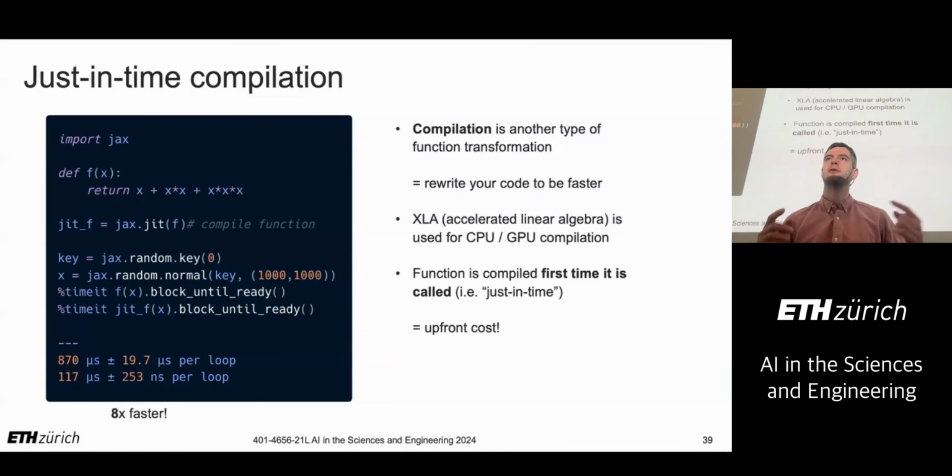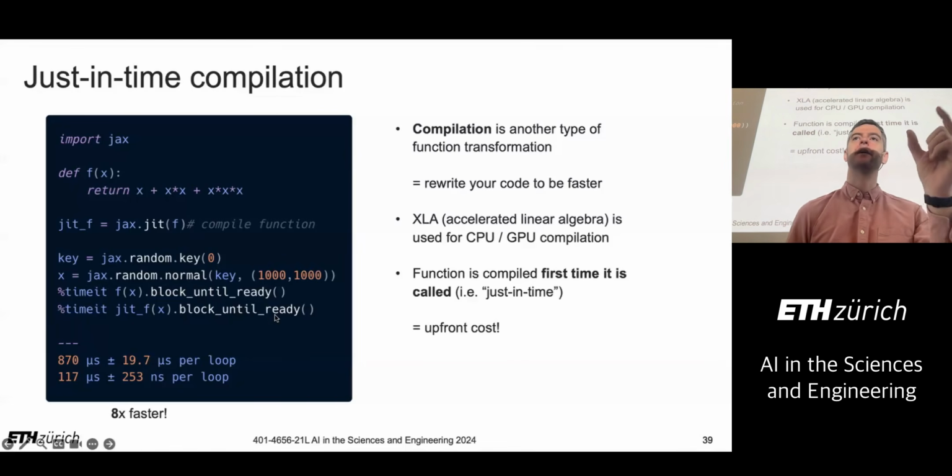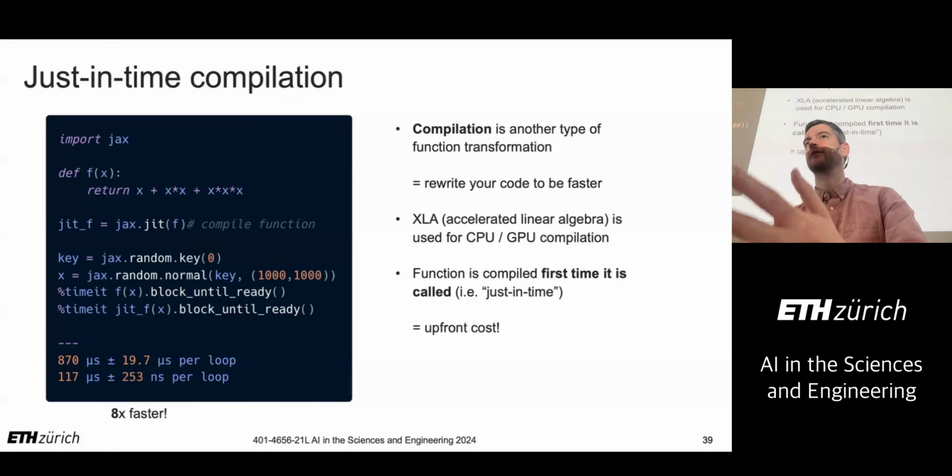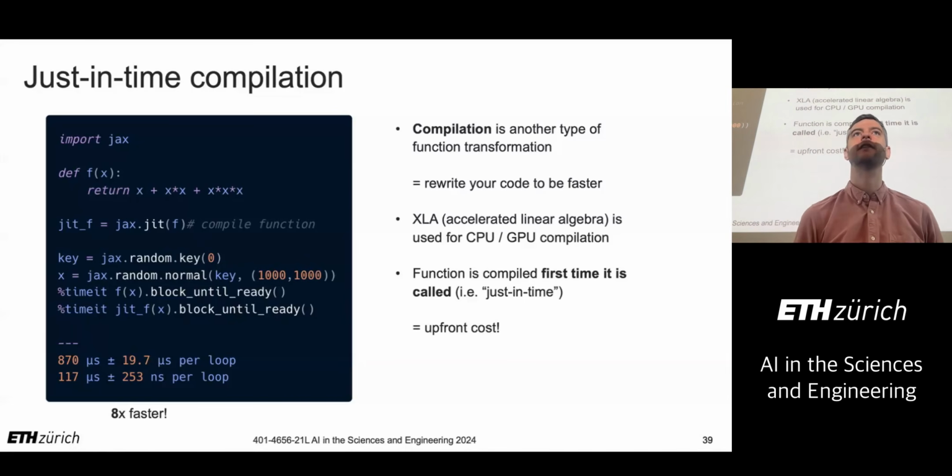If you imagine training a deep neural network, one function that we call thousands of times is the function that updates the network's weights, the gradient descent step. So when we use JAX compilation in deep learning, we usually compile the update step, and that's expensive for the first update, but then for the next million updates it is very fast.